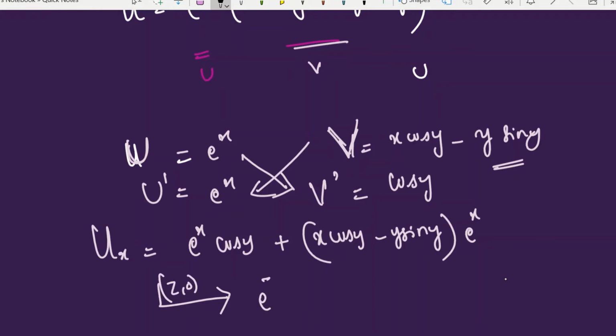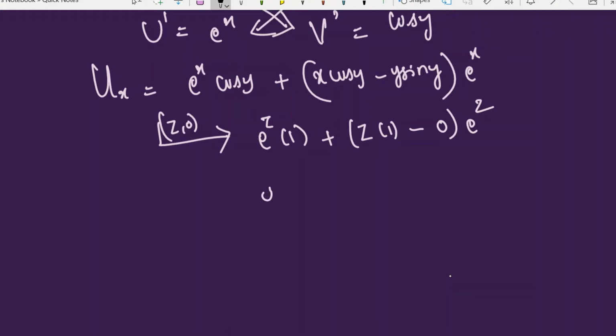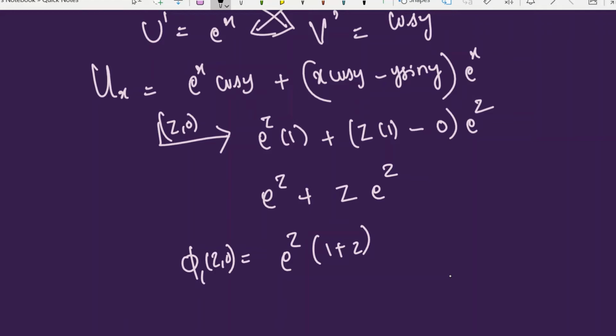Here cos 0 is 1, x is z, and y is 0, so e power z plus z e power z, which is e power z (1 plus z). This is my phi 1 of z comma 0 value.